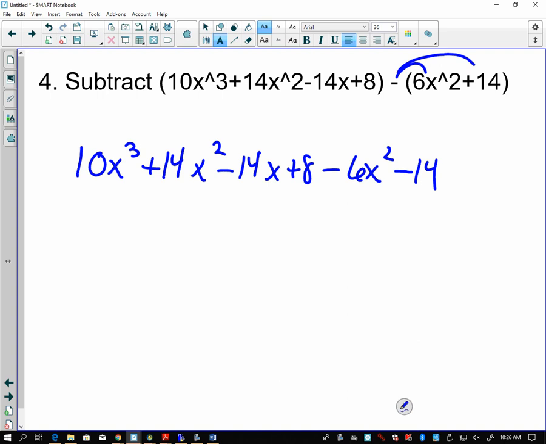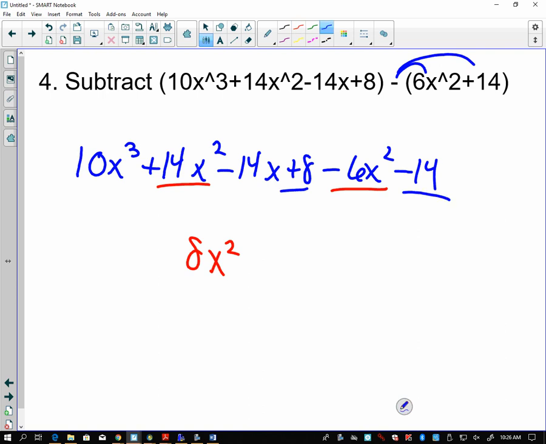What are my like terms? Okay, negative 6x squared and 14x squared. What does that come out to? 8x squared. Any other like terms we have to worry about? 8 and negative 14. What is 8 and negative 14? Negative 6. Okay, negative 6.